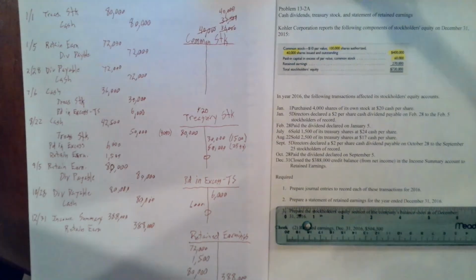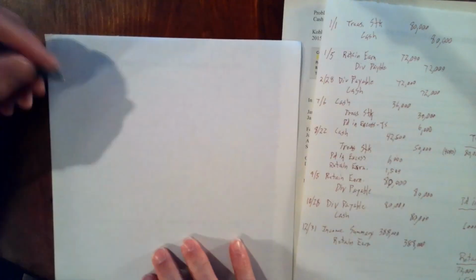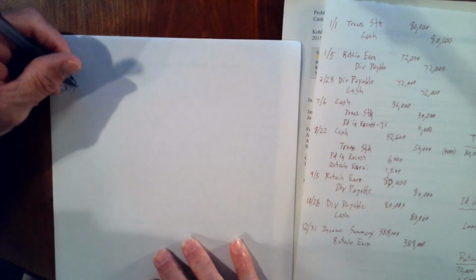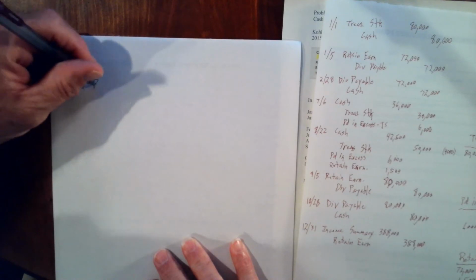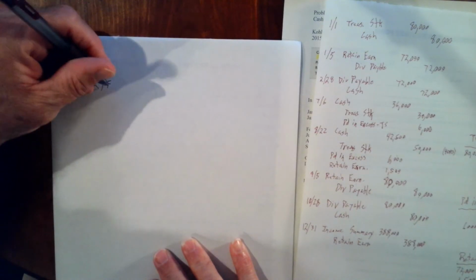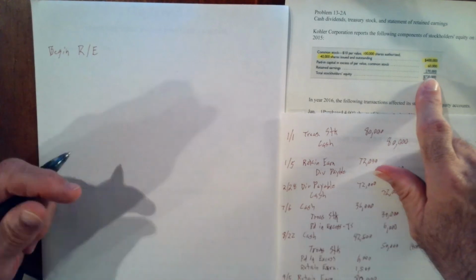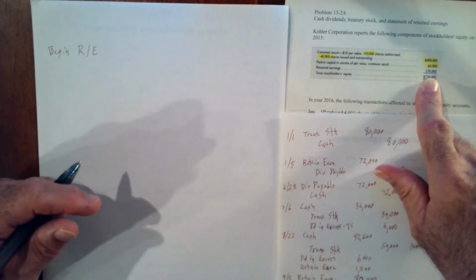So let's pull up another piece of paper here. So my beginning retained earnings, I'm going to look to my balance sheet from last year, at the end of last year, and beginning retained earnings was $270,000. There it is right there.